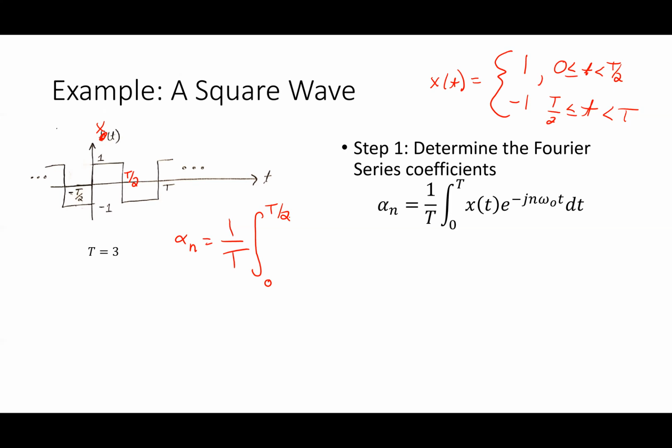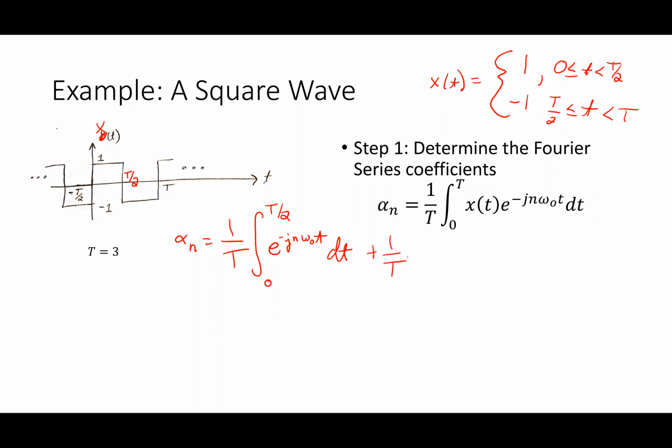Yeah, so I do the first part of it, 0 to t over 2 times 1. Well, I don't need to put the 1 there. I'll just say times e to the negative j n omega naught t dt. And that's not all of it, is it? Isn't there more?